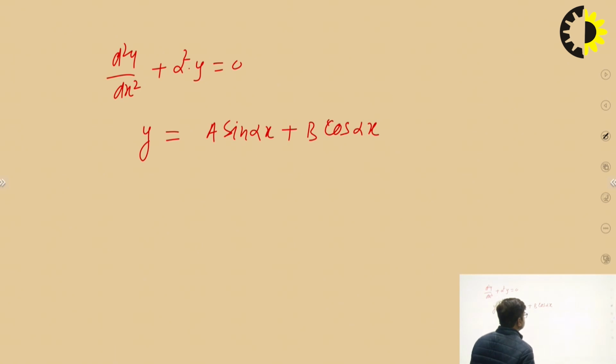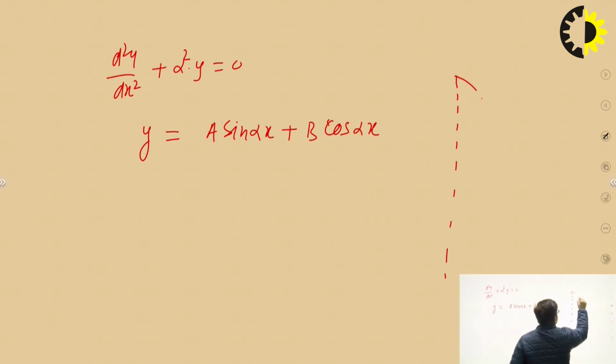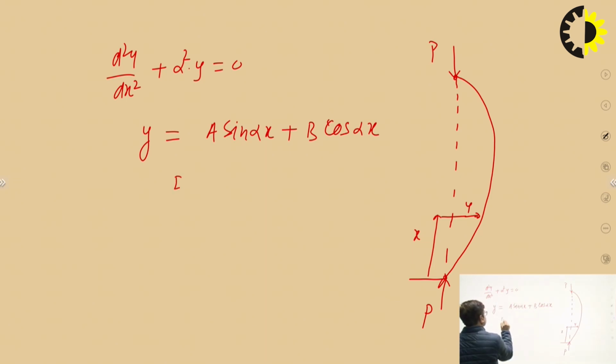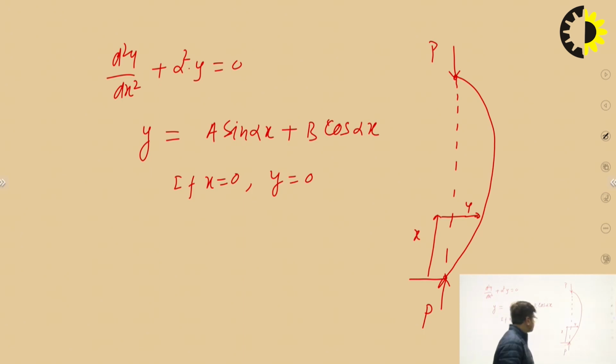And what are those boundary conditions? If you see, both ends are hinged. Since x is varying from the bottom side, if x equal to 0, y is 0, because at this end there is no deflection.